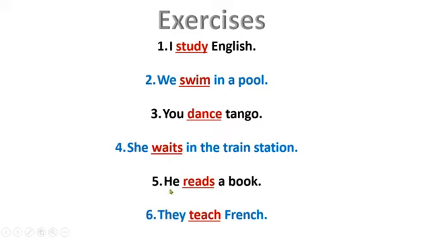Number 5, he reads a book. It's the same as number 4, he is third person, that's why we use the verb in third person. Reads a book. And finally 6, they teach French. In this case they is first person, that's why we use teach in simple form, okay?